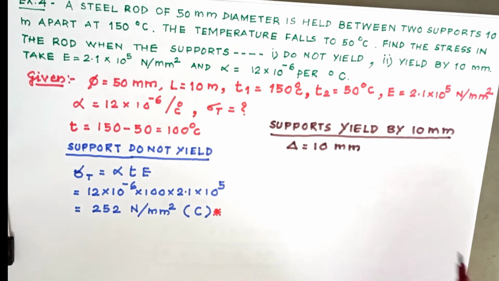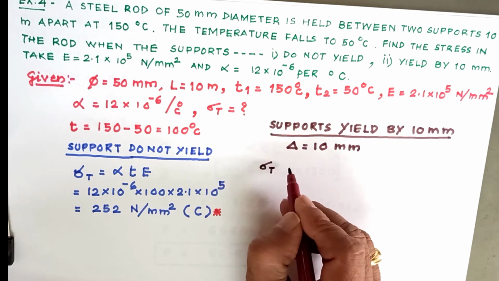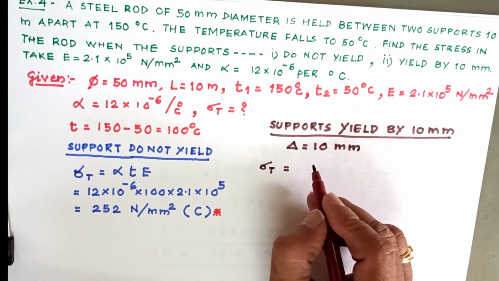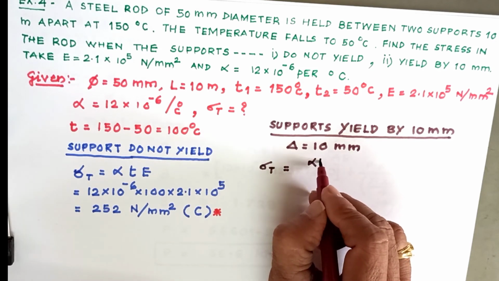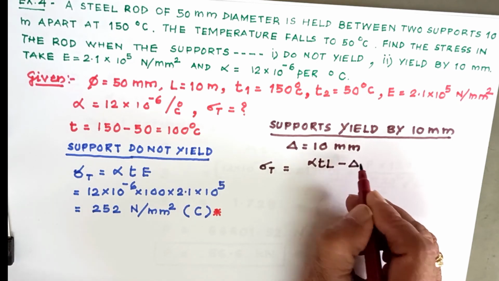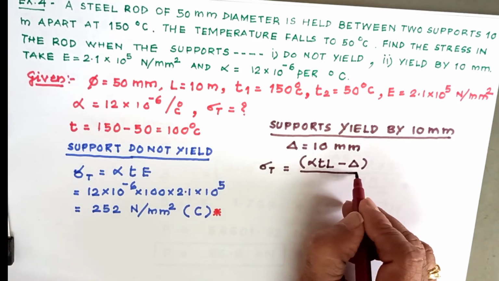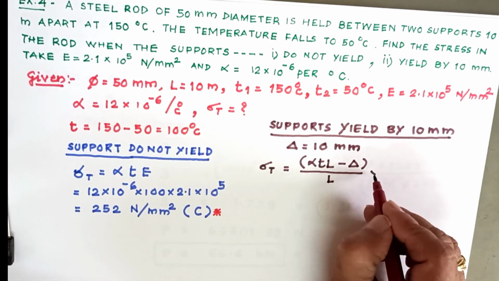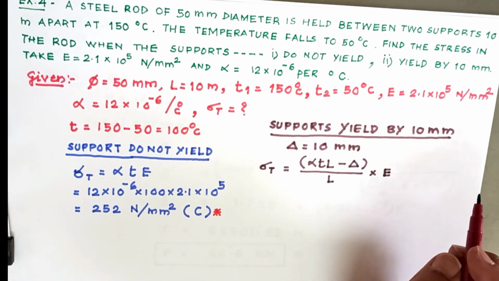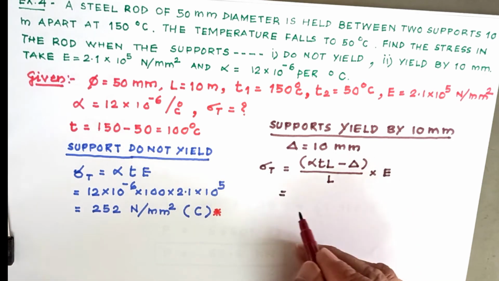Okay? Now in this case, we know that thermal stress is deformation prevented, that is alpha into T into L minus delta, upon original length. This has become strain multiplied by modulus of elasticity, that is E. Okay? So if you substitute these things, what we get, let us see.